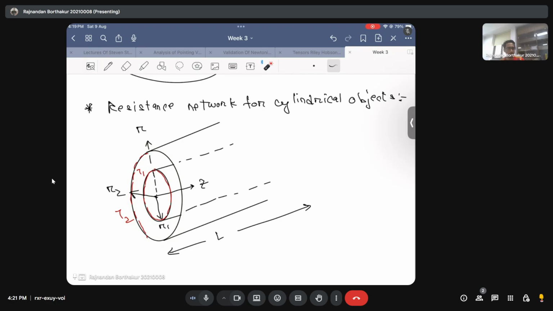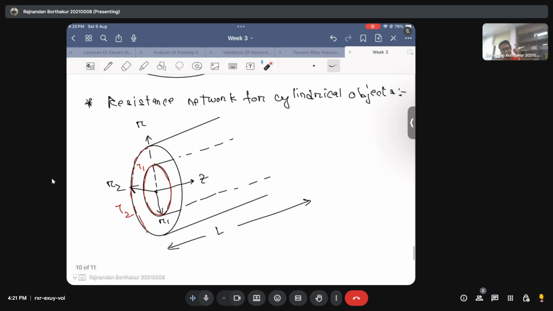Of course, you can interpret from this problem that since the problem is axisymmetric and the cylinder is assumed to be infinitely long, your direction of heat transfer is just going to be in the r direction. So number one, it is going to be radially outward from the inner surface to the outer surface, because I'm assuming that T1 is greater than T2. So this is what is going to be the direction of heat transfer, in the radial direction.